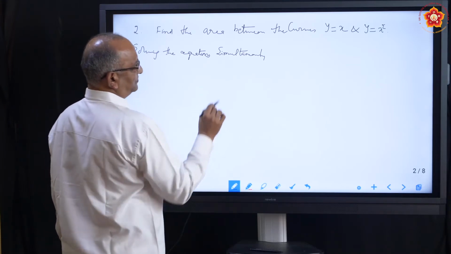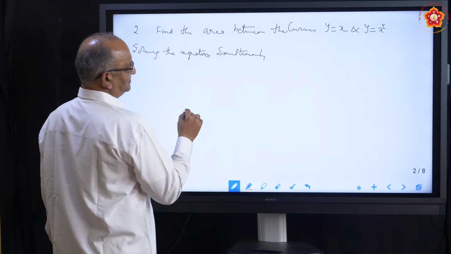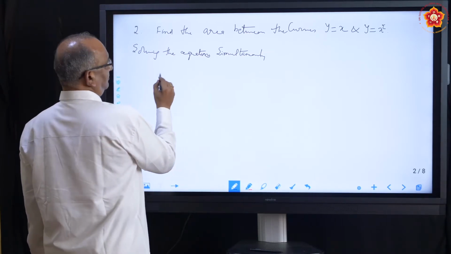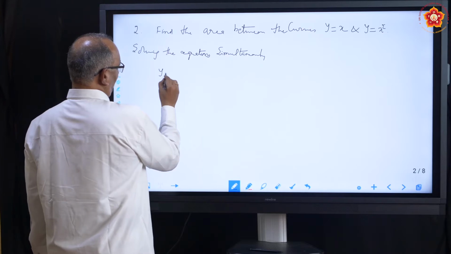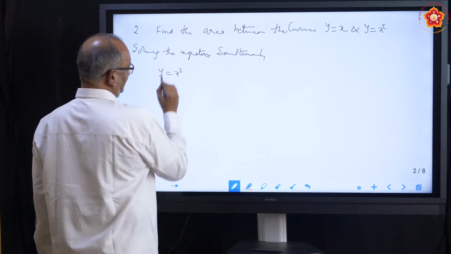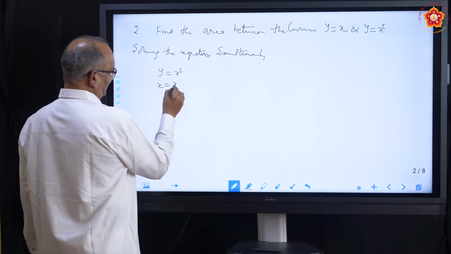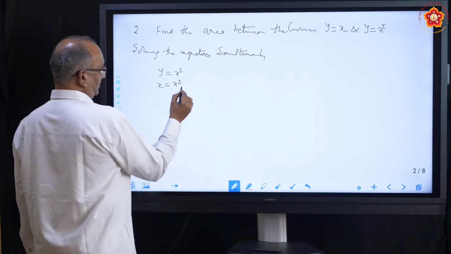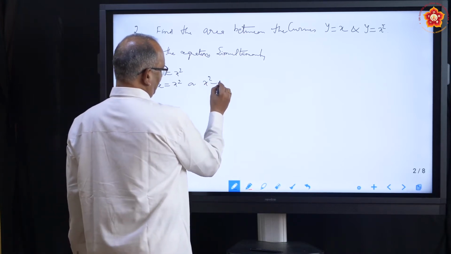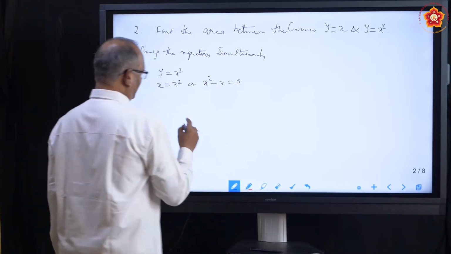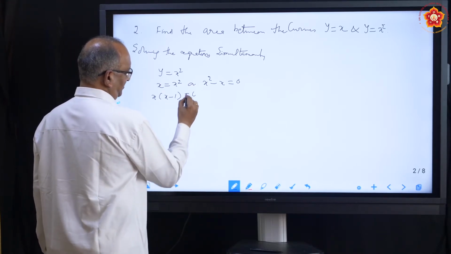So in place of y, we can write x. We have y equal to x square. This can be written as x equal to x square, or x square minus x equal to 0. X is common, x into x minus 1 equal to 0.